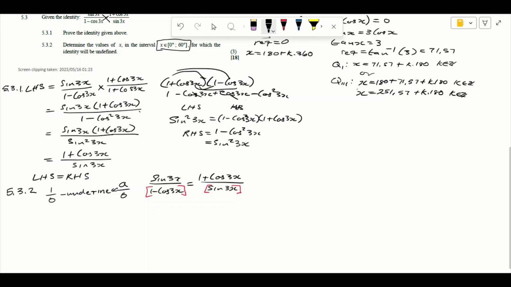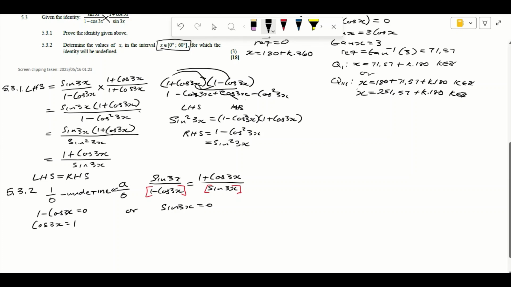So now it means that 1 minus cos 3x is equal to 0, or sine 3x is equal to 0. Then we can rearrange this, and it's going to be cos 3x is equal to 1.